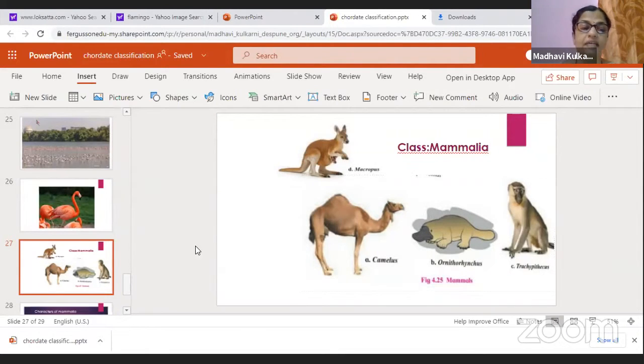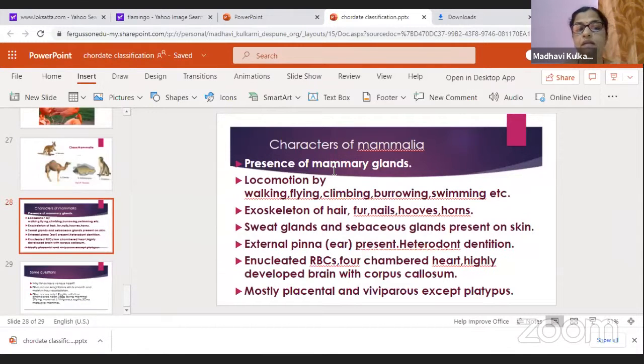Now we'll study the characteristics of Mammalia. The presence of mammary gland is the most important characteristic of the mammals. It produces nutritious milk after the birth of a child, given to the young one for their development. Locomotion, variety of locomotory organs.